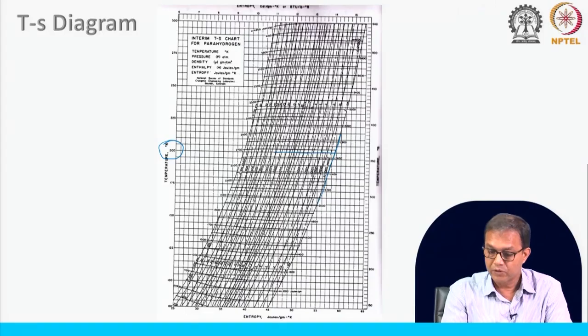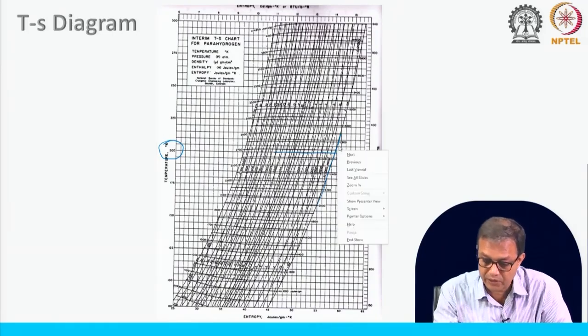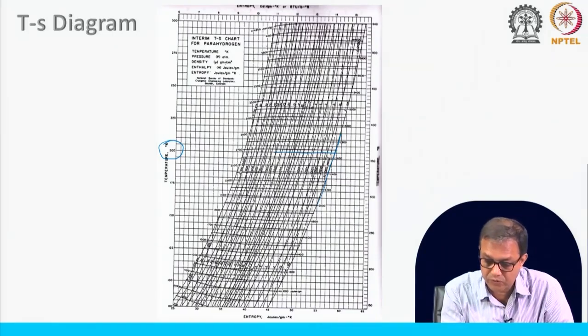So, you have to locate the 1 atmospheric pressure, how it is going, and this is 200 K temperature. So, there is no line passing through. So, you have to interpolate something like here, say this corresponds to 2700 and on this side you have 2800.